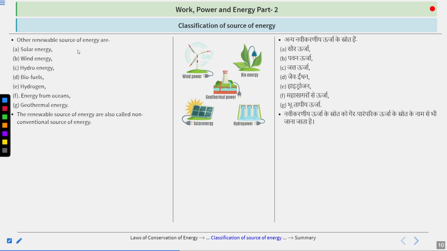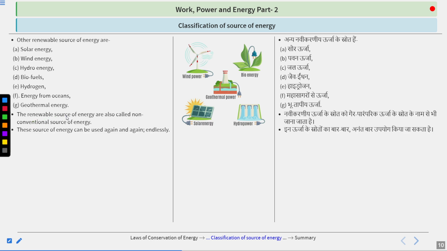Why are these known as non-conventional? Because conventional sources of energy are those which we have been using for a long duration, and generally we use conventional sources in terms of non-renewable sources of energy. Non-conventional sources are the innovative sources that we can utilize. That's why these are known as non-conventional and renewable sources.